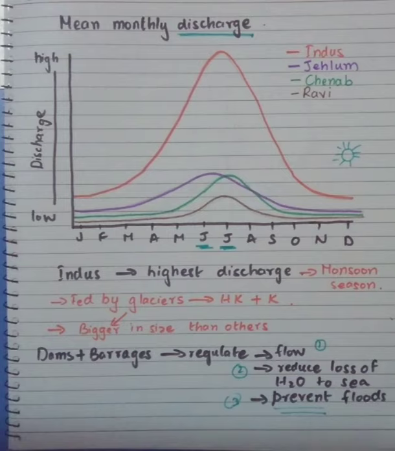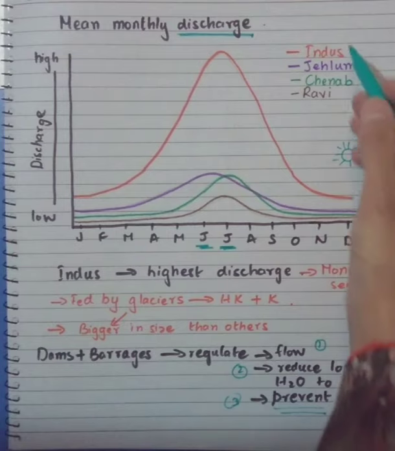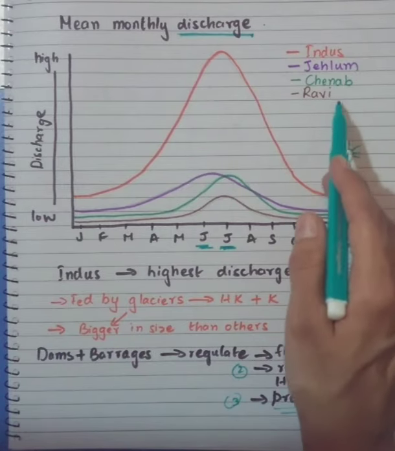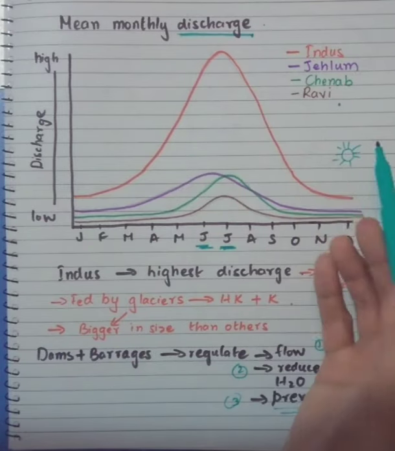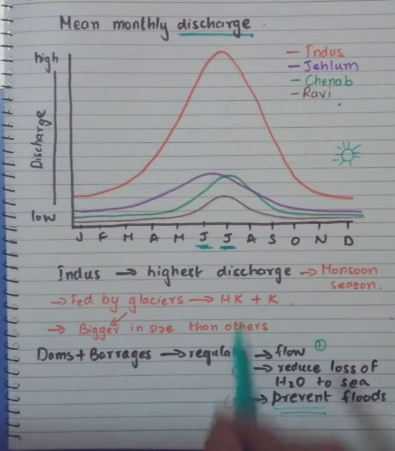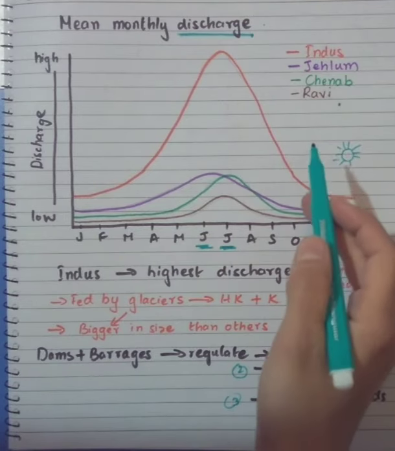Now one thing that might be a little surprising is that I mentioned 4 rivers here, Indus, Jhelum, Chenab and Ravi, but Satluj and Beas are absent. Why are they absent? Now see, when the Indus Water Treaty was signed between India and Pakistan, India was given rights over 3 eastern tributaries of the river Indus, and those were Ravi, Satluj and Beas.